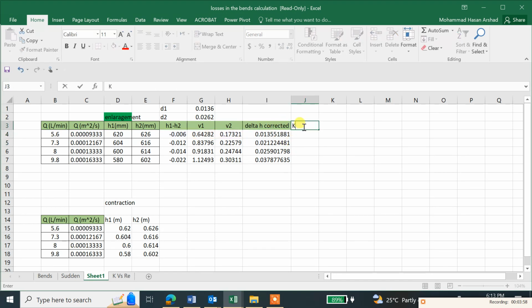To find the loss coefficient, we need to divide delta H corrected by the higher velocity head. So delta H corrected divided by V1 square over 2g.